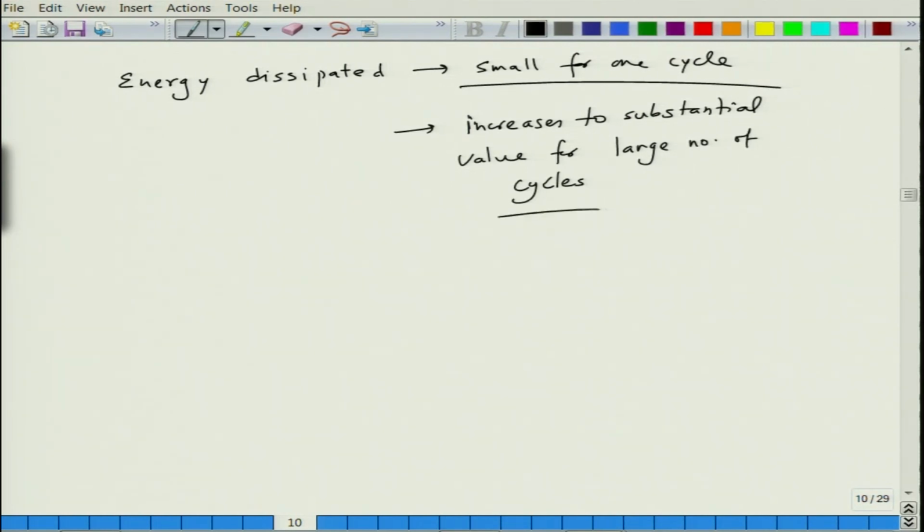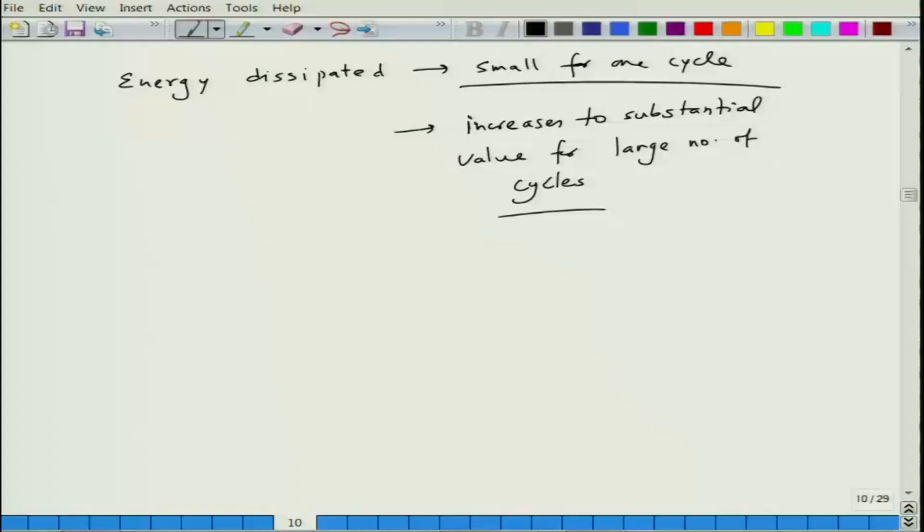For example, if the sample is vibrating continuously, let us say 20 vibrations per minute, it will accumulate many cycles within a day, and this will lead to a lot of energy that is dissipated.